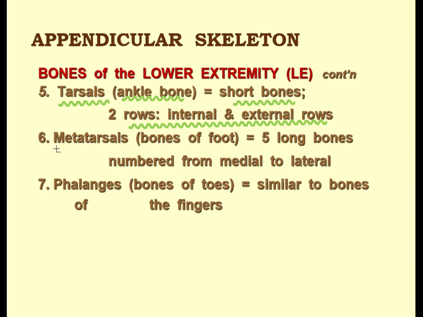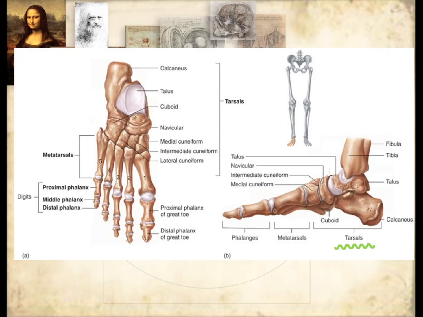Then next is the metatarsal, the bones of the foot. It is 5 long bones numbered from medial to lateral. As you can see here, this is the metatarsal, and these metatarsals you can see easily here.